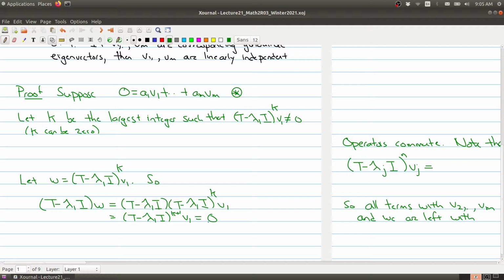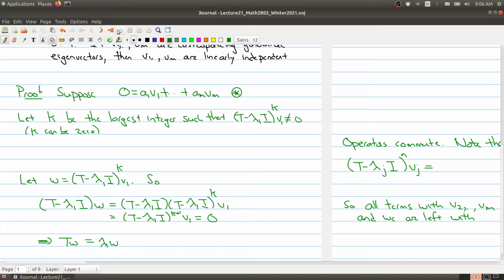So if I take k plus 1, it goes to 0. What this means is that T evaluated at w is the same thing as lambda 1 times w.